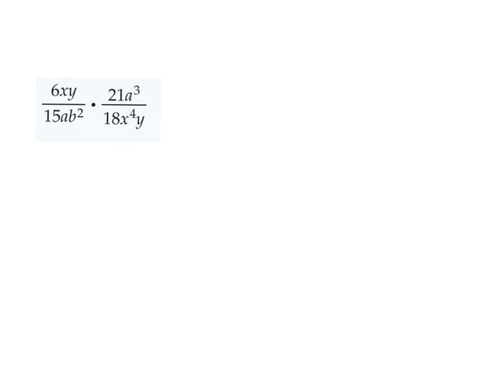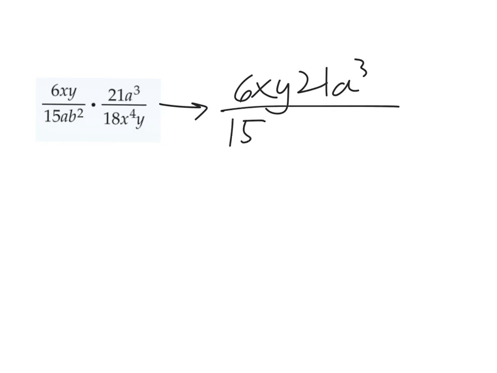So keep in mind, you can cancel any tops with any bottoms because the reality is, in multiplication of fractions, I can actually combine this all on the top, and I can combine this all on the bottom, and make it one giant fraction. That's what multiplication of fractions really is. I don't actually have to multiply them together.